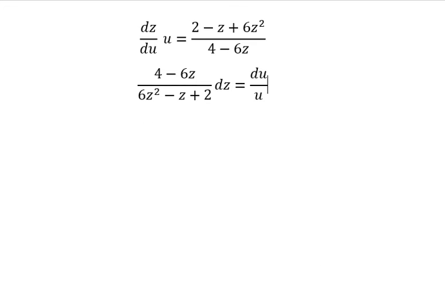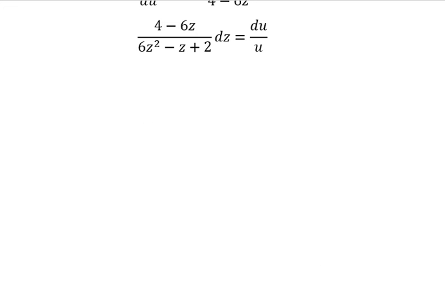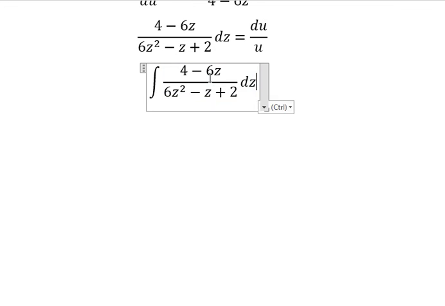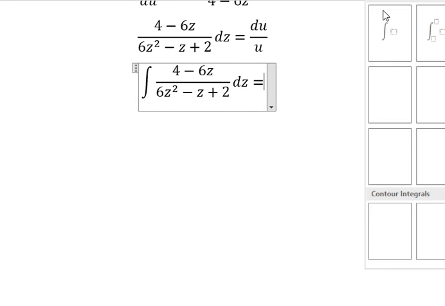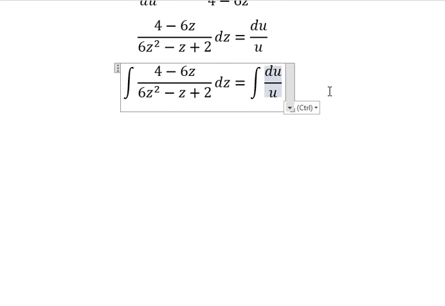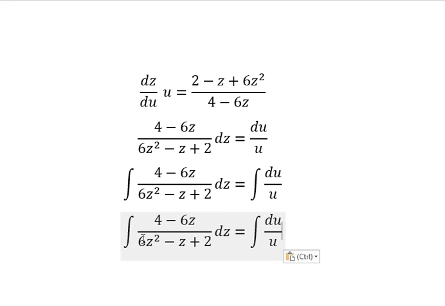Next, I will put the integration for both sides. Now I will concentrate on this one.